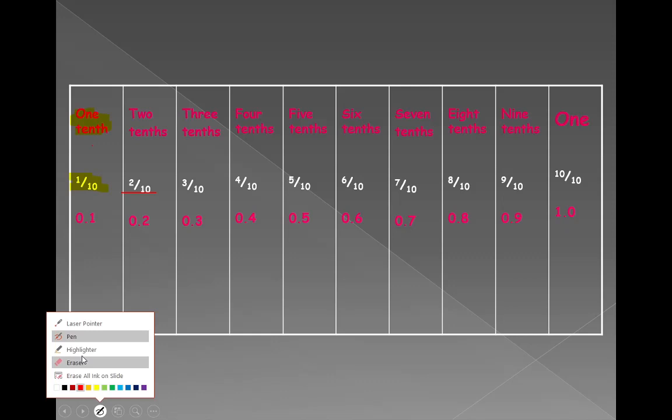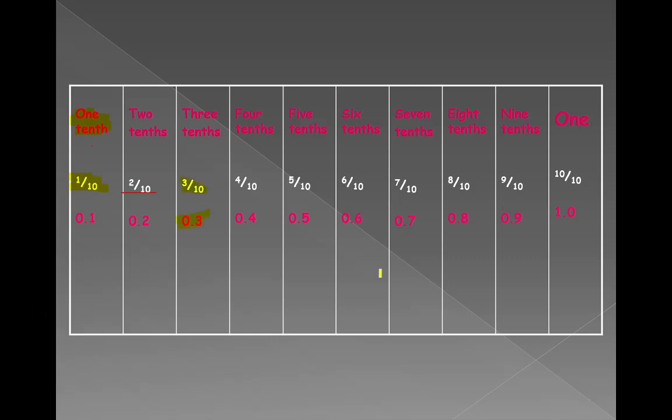If I asked you, how much is 7/10? Can you tell me? You're absolutely right. 7/10 is here, and it would be 0.7. Well, what about 0.5? How many tenths is 0.5?